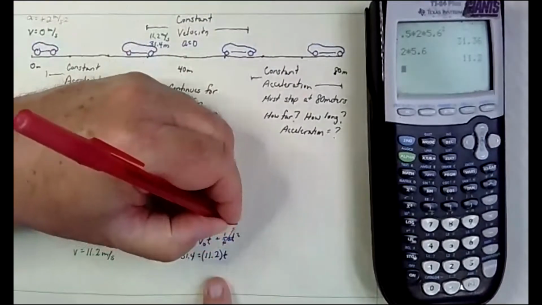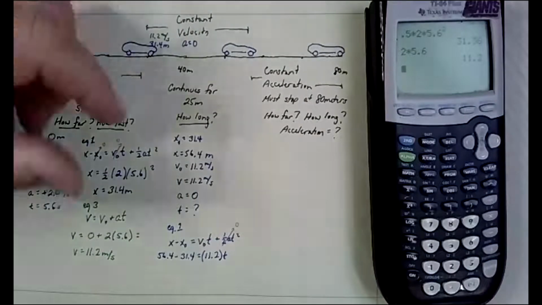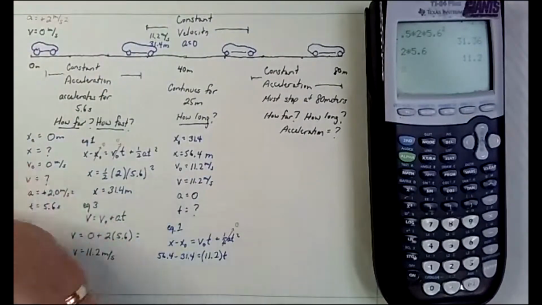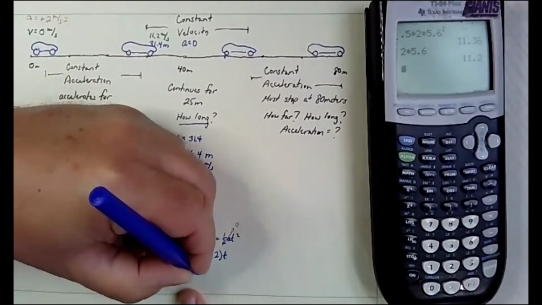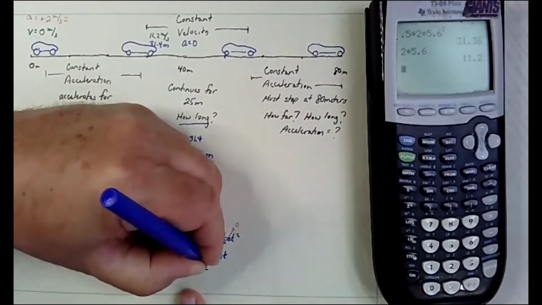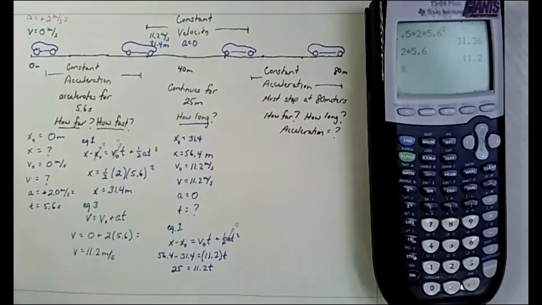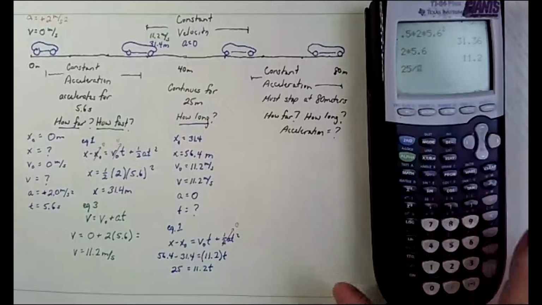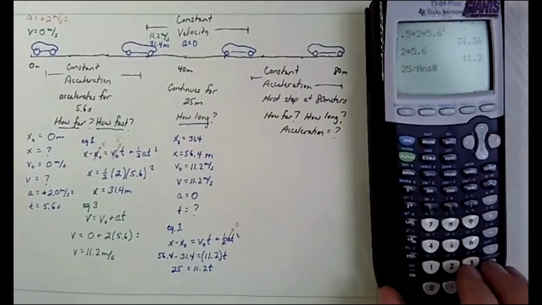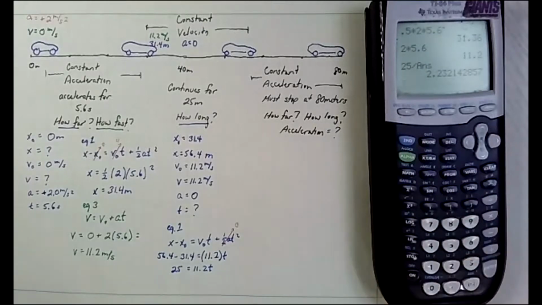The acceleration is equal to 0. Okay, well, when I subtract these two, I know this is going to be 25. And that's 11.2 times t. And so I divide 25 by 11.2. I could just pull the answer I got from the last calculation. Yeah, 2.23.